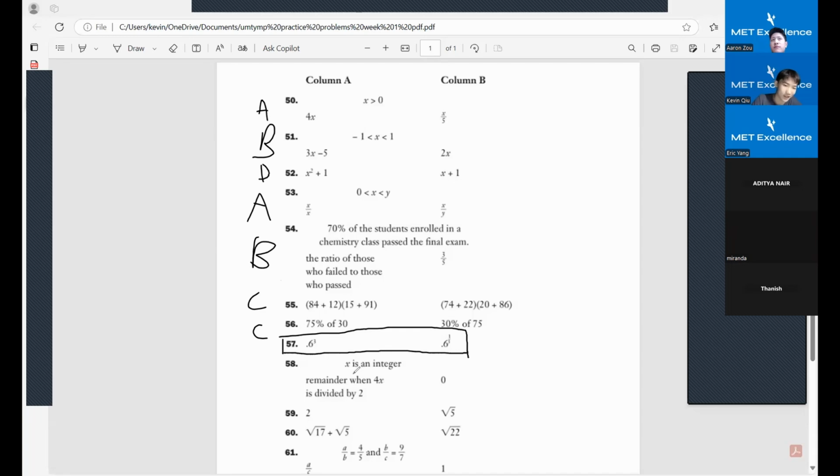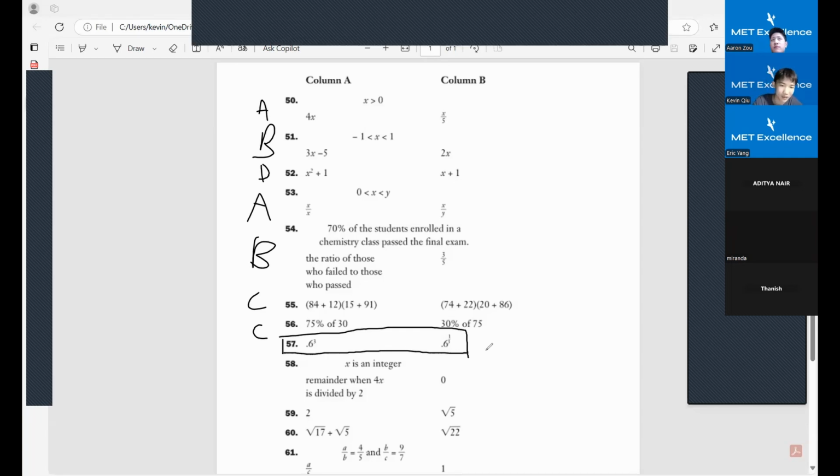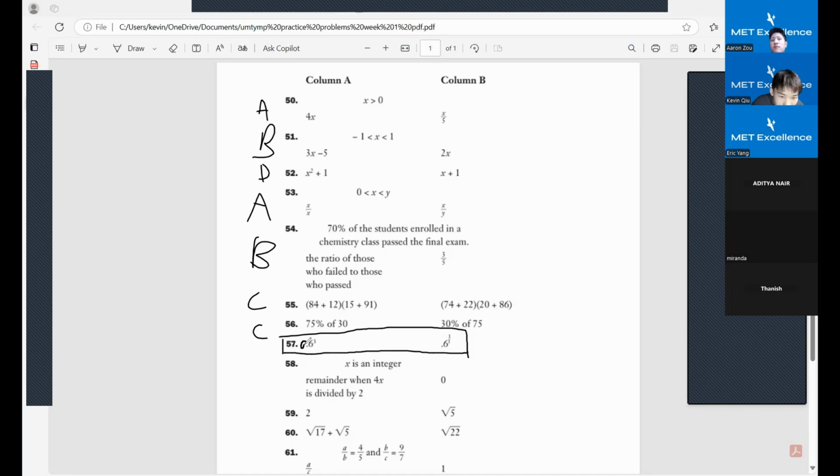One important distinction I should make, I guess it's not too visible, but there's a decimal point there. So this is actually 0.6 cubed, and that's 0.6 to the 1/3 power, if that changes anything.